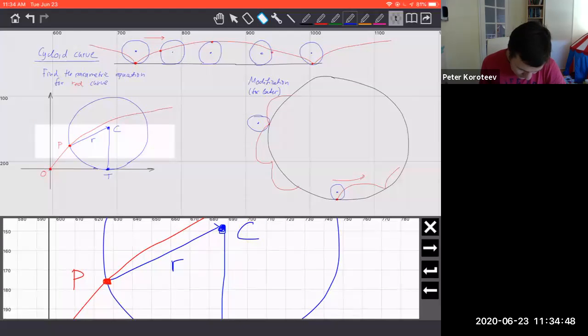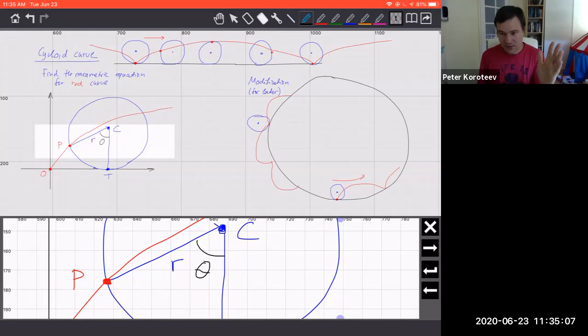Okay. So now our task is to describe the coordinates of point P. Right. And we'll do it in terms of the angle theta. So let's say the wheel rotated by angle theta, right? So we're assuming that there is no sliding, right?